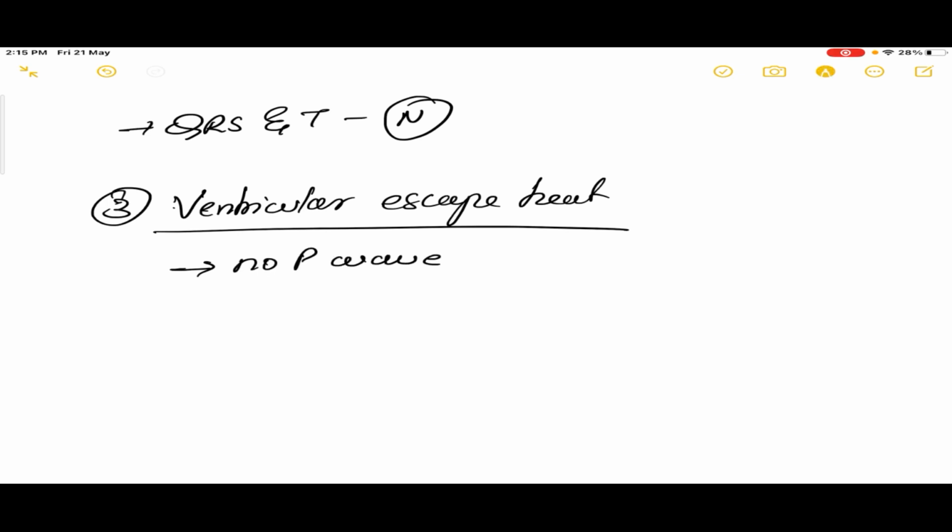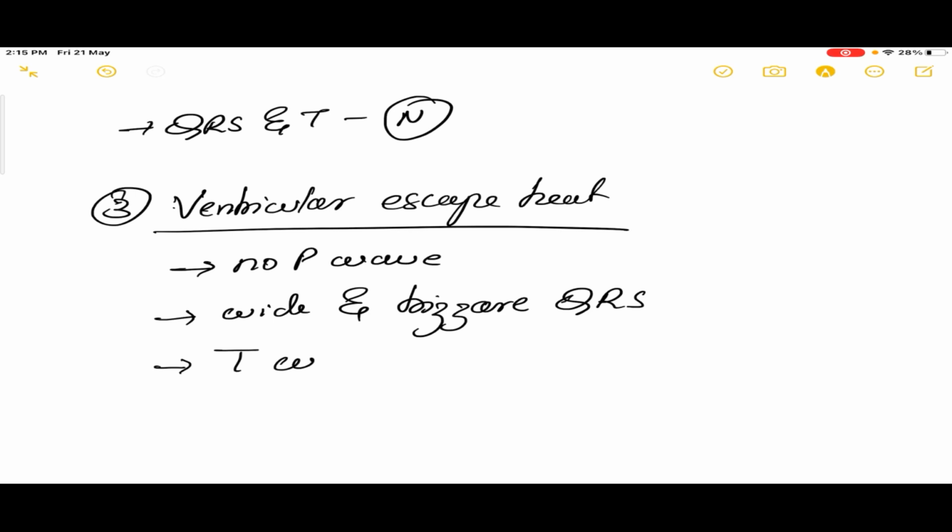There is a wide and bizarre QRS complex, and T wave is inverted. So in ventricular escape beat there is no P wave, wide and bizarre QRS complex, and inverted T wave.